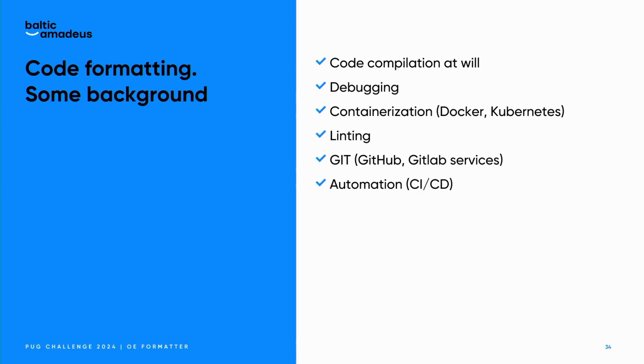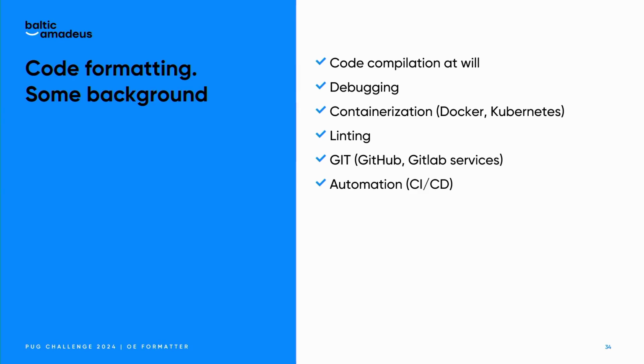We got Git, which allows multiple developers to work on the same project, even on the same files. It makes it easier. And also the services which are built on top of that, GitHub, GitLab, which nowadays basically encompass the whole development process and help you with that.